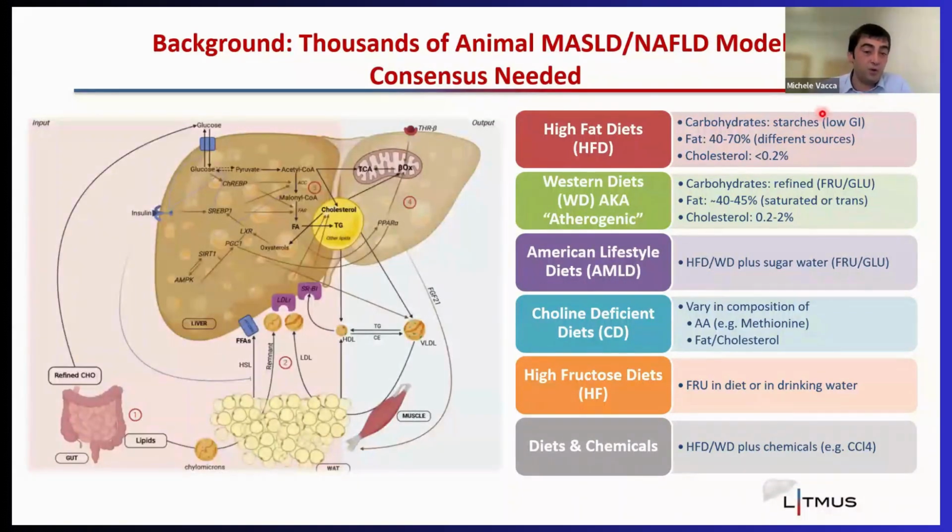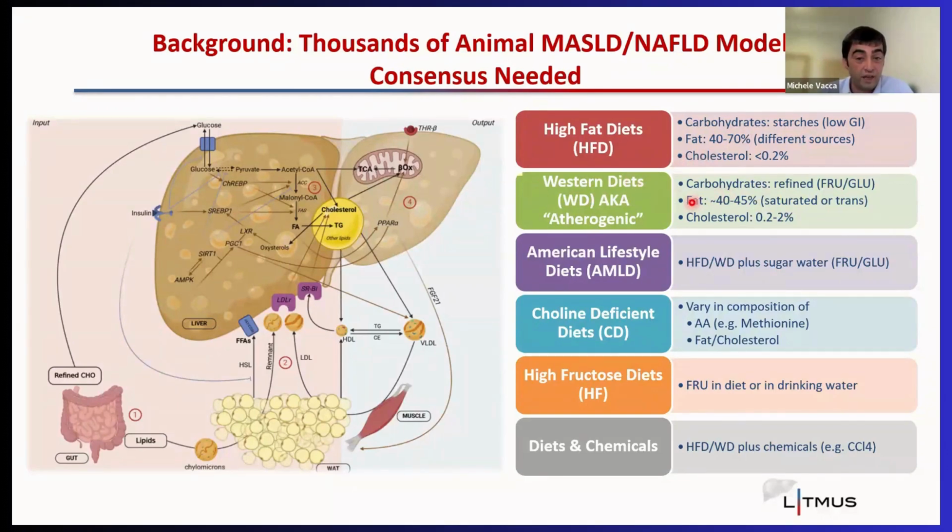The main mechanism of action of these diets is to induce obesity, adipose tissue dysfunction, and free fatty acid release into the liver. However, they suppress de novo lipogenesis, and for this purpose, it has been proposed that modifying high-fat diets, the so-called Western diets or atherogenic models that were initially developed to induce atherosclerosis in genetically altered animals, might be really good also to induce MASH.